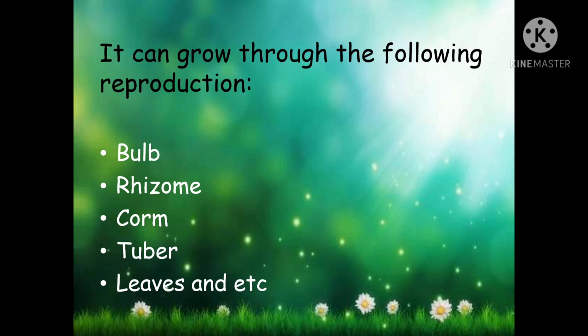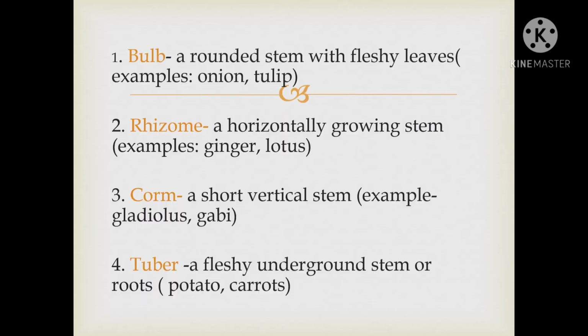It can grow through the following: the bulb, rhizome, corm, tuber, leaves, and others. So how does it differ?